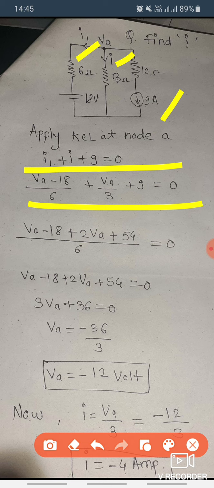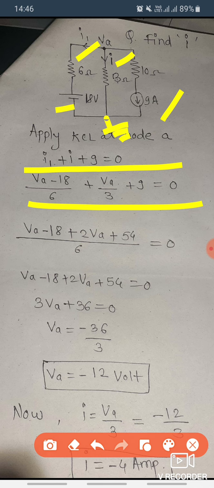So I1, you can see here, flows from V1, and this is grounded, right? So I can take I1 as V1 minus 18 volt divided by 6 ohm resistance.